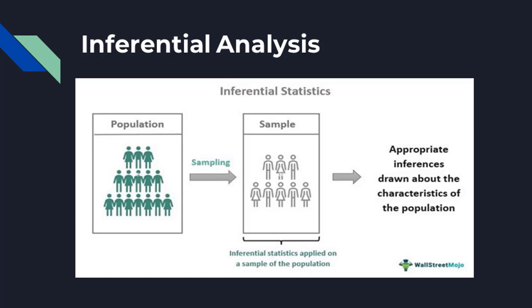Since you are moving from a small amount of data and trying to generalize to a larger population, your ability to accurately infer information about the larger population depends heavily on your sampling scheme. If the data you collect is not from a representative sample of the population, the generalizations you infer won't be accurate for the population.